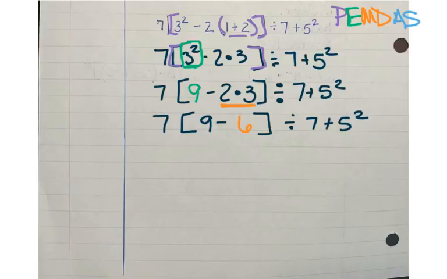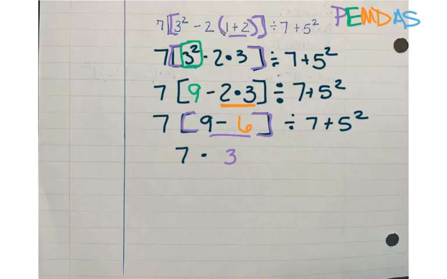Okay, so I still don't have those parentheses completely cleared yet. So now I need to do the 9 minus 6, which is 3. So after doing all the stuff inside the parentheses, I really am just left with 3 there. Again, going to bring everything else down.